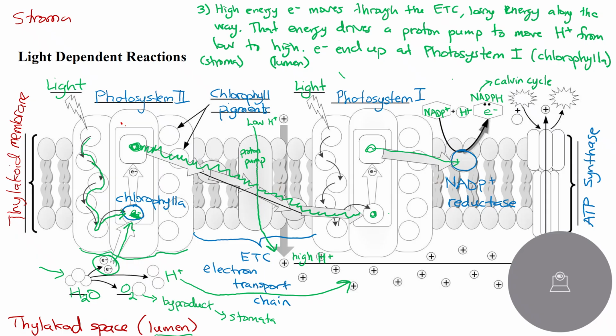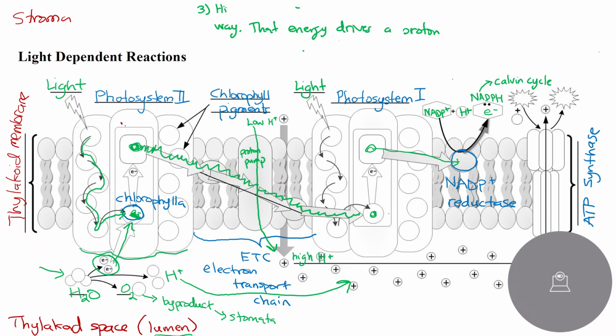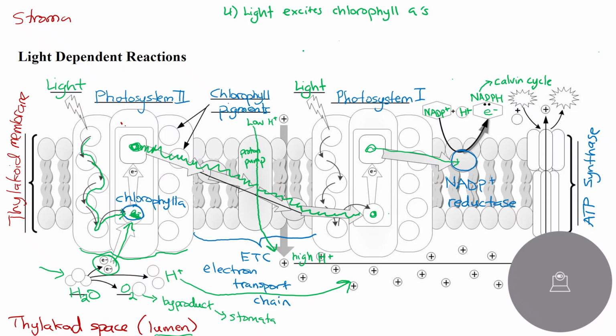So let's review that in our steps here. Okay, fourth step. We're almost done. So light excites chlorophyll A's electron in photosystem 1.